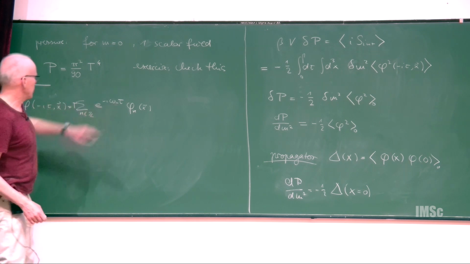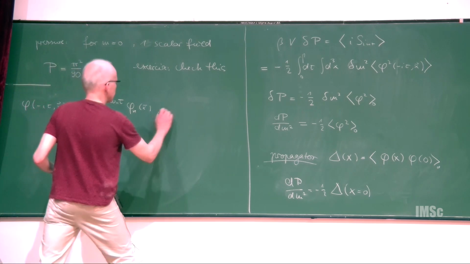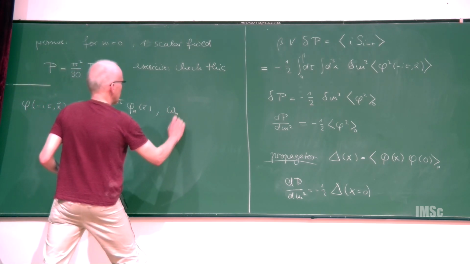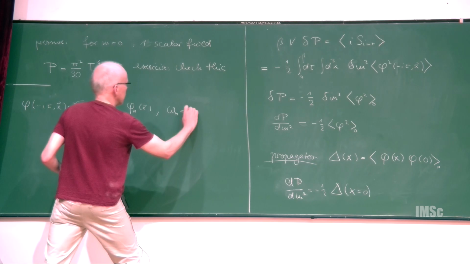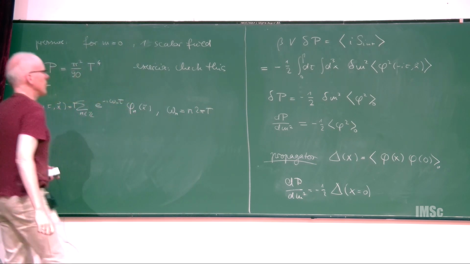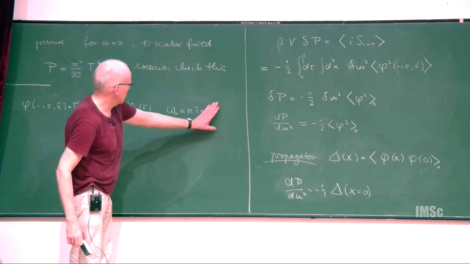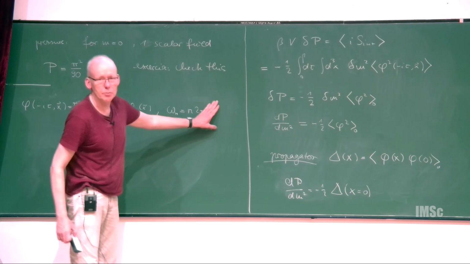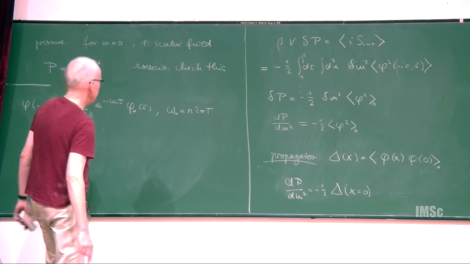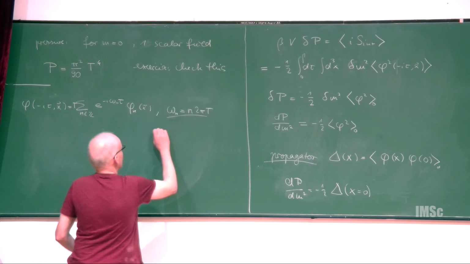And since the period is beta, the frequencies are n, an integer, times 2 pi times T. Yeah, so beta times T is 1, so if I insert beta here, I get n times 2 pi. And these frequencies are called Matsubara frequencies.